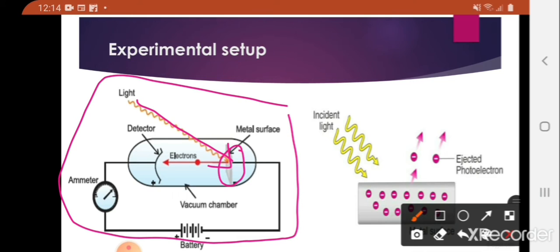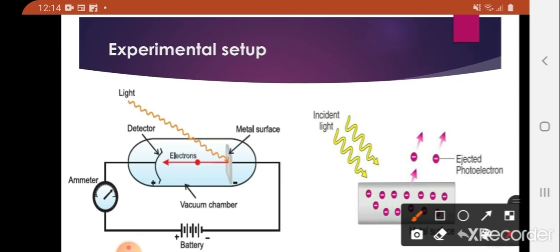A beam of light is irradiated towards the metal surface, and here you can see electrons are ejected out from the metal surface and moving towards the positive side of the chamber, that is the detector. The detector is also kept to measure the kinetic energy of the ejected electrons.